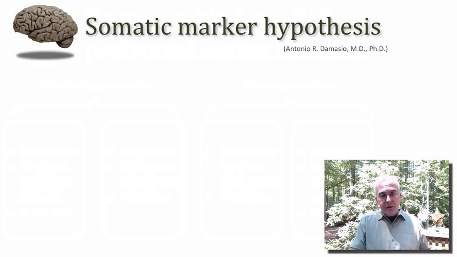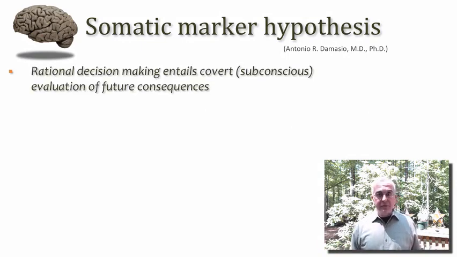So Damasio and colleagues have proposed what they call the somatic marker hypothesis of reason. And as you'll see, this is very much a neo-Jamesian idea, reflecting William James and Lange's theory of emotion. So at the heart of this idea is the notion that rational decision-making entails a set of covert evaluations of future consequences.